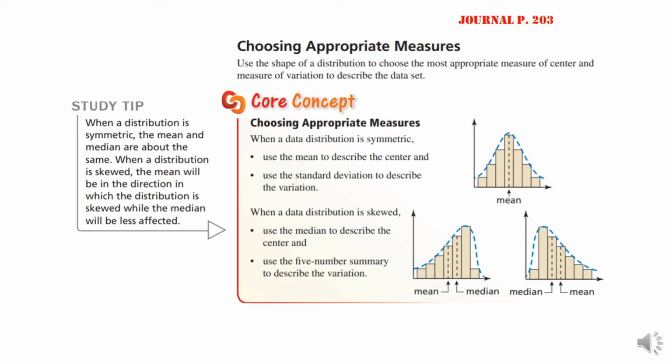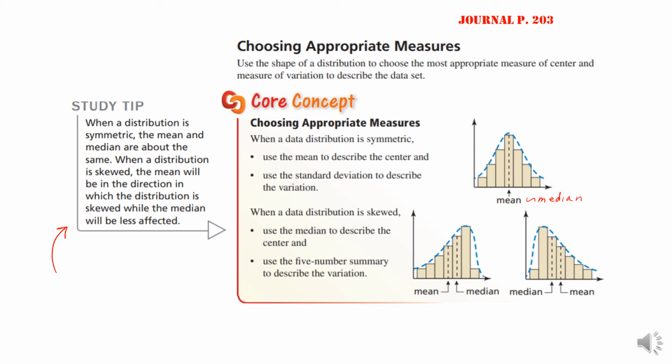When a data distribution is symmetrical, we use the mean to describe the center, and we use standard deviation to describe the variation. When the data distribution is skewed, either way, we use the median to describe the center and use the 5-number summary to describe the variation. Here's why. When a distribution is symmetrical, the mean and the median are very close to each other.